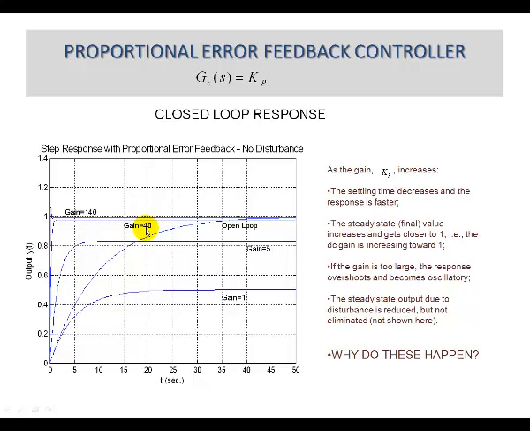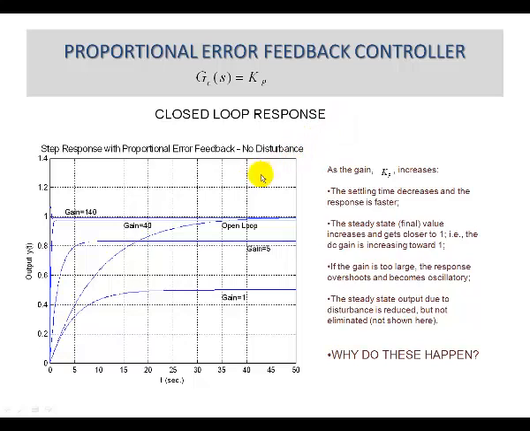When you go to a gain of 40, this looks like it might be 1 second or maybe 1.5 as the settling time. So the settling time is being reduced significantly as the gain is increased. So this is an important characteristic to notice.